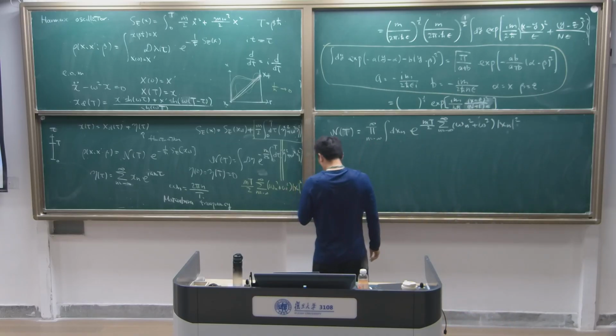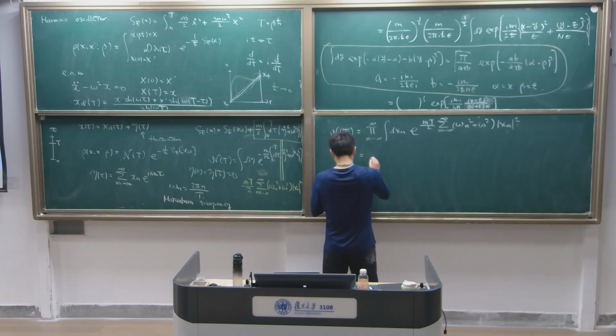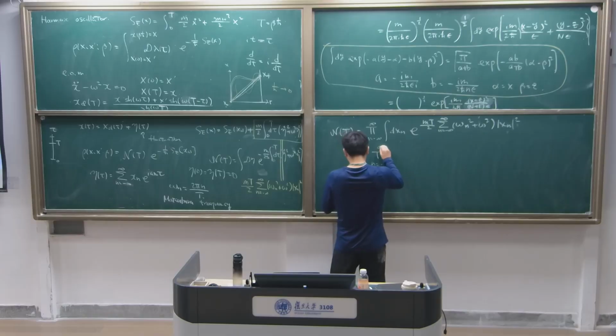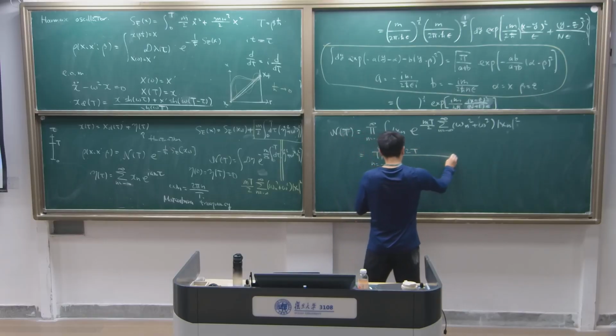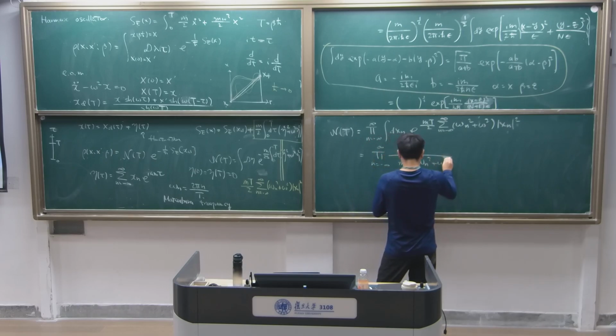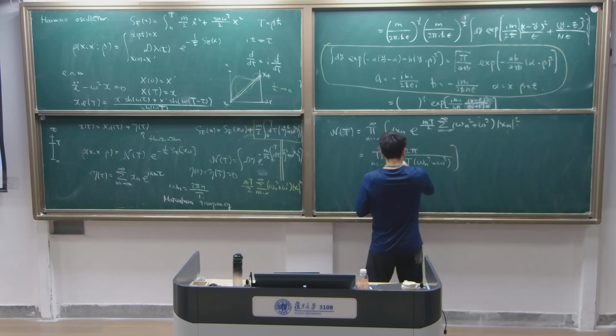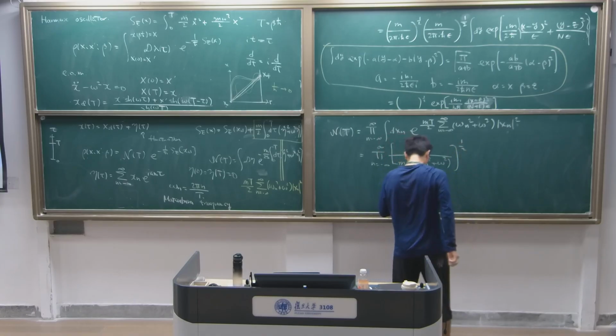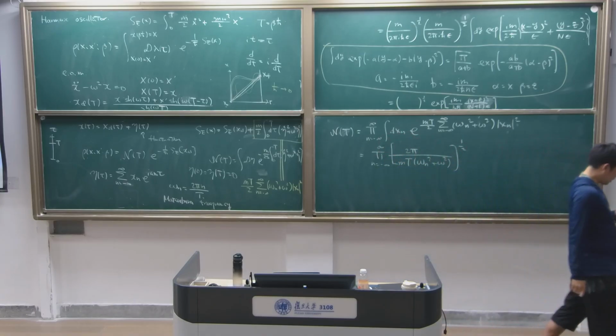If you perform this Gaussian integral, what you get is a function like this: the product over n from minus infinity to infinity of pi divided by omega_n squared plus omega squared, to the power 1/2. So that's what you get.